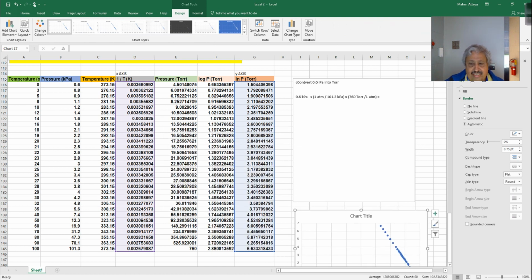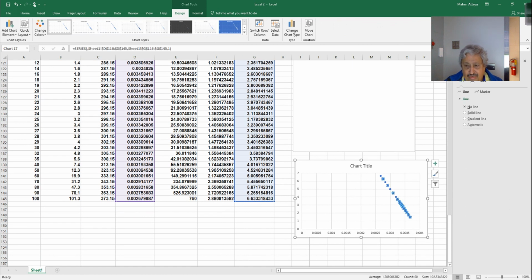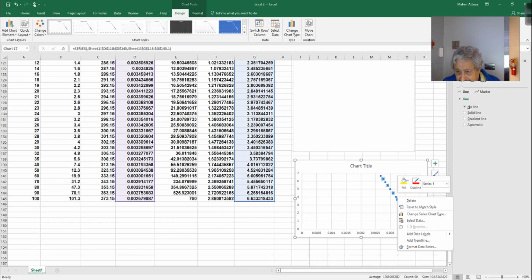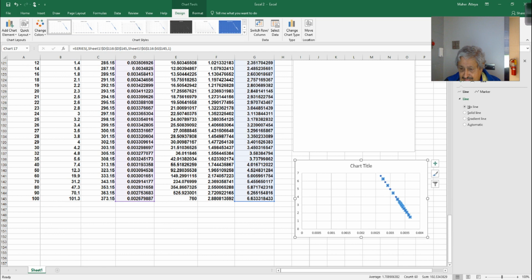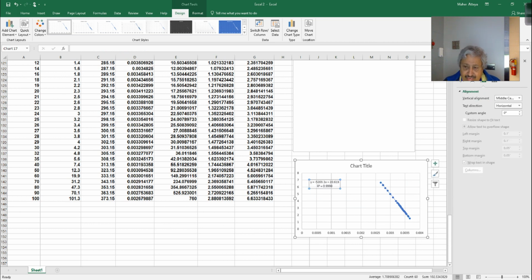You can add the title, you can add anything. I'm interested in clicking on one of those points to get the format, add trend line. I need to display the equation and display the R-squared. So this is very important.